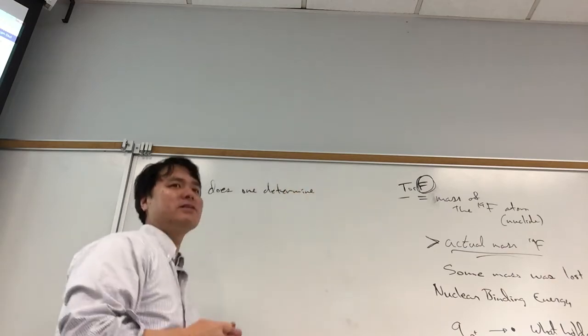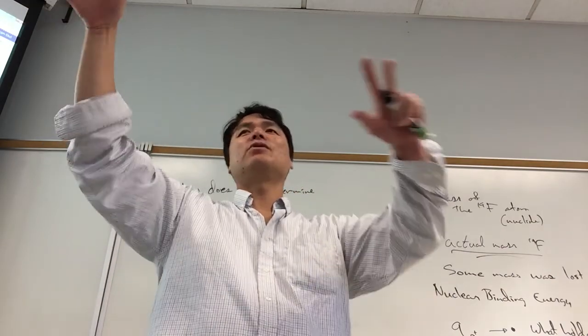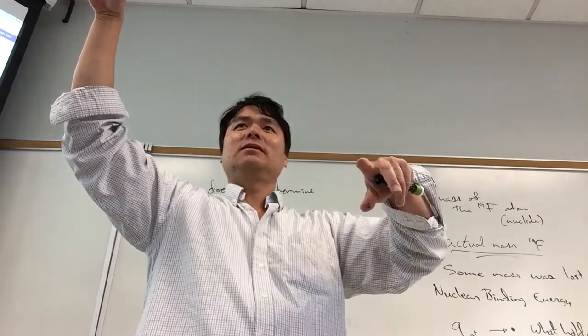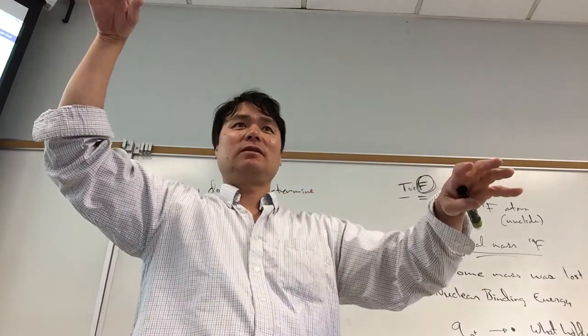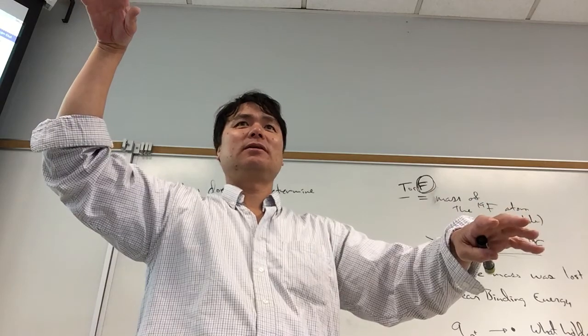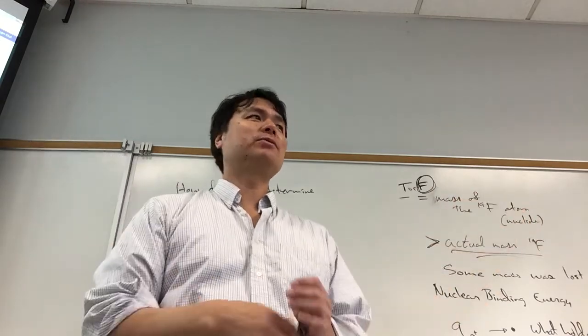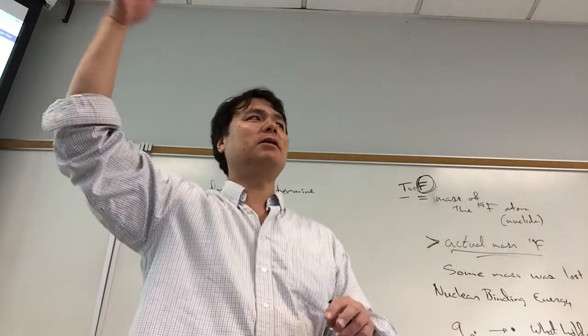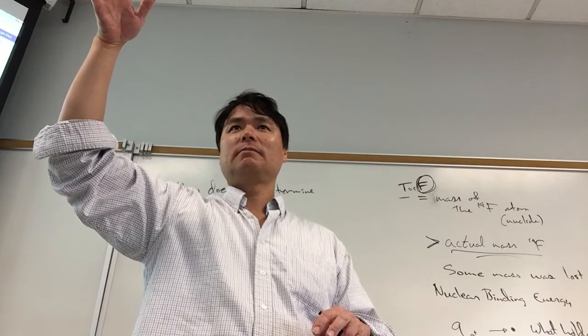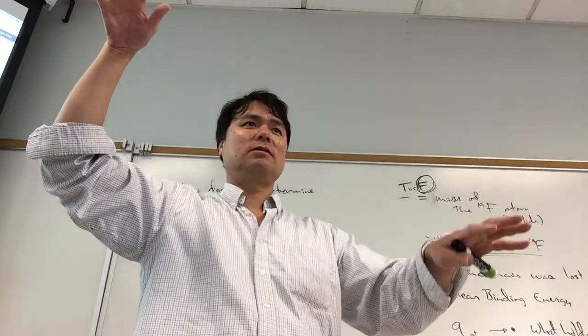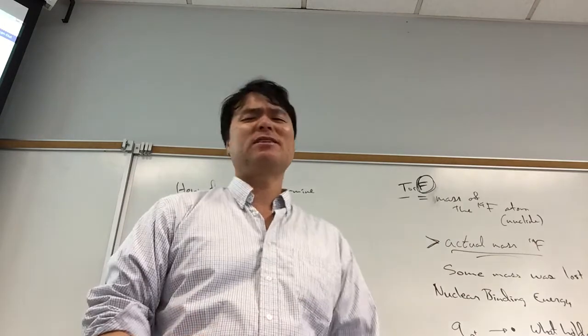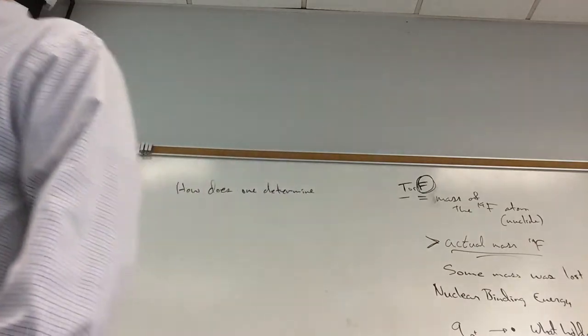Because in nuclear reactions, we're going from less stable nuclei to more stable nuclei. In chemical reactions, we're typically going from less stable bonds to more stable bonds, right? And so a lot of parallels in certain ways.